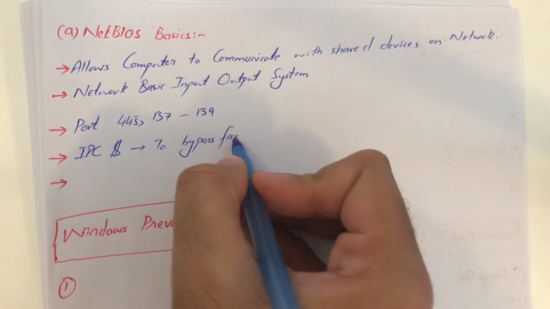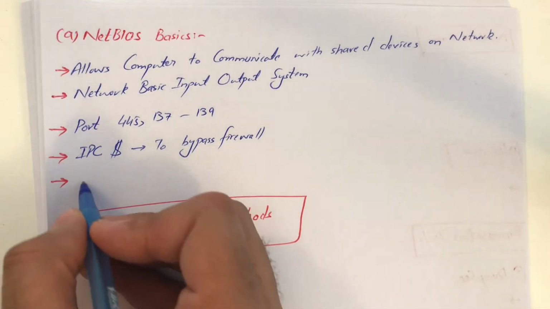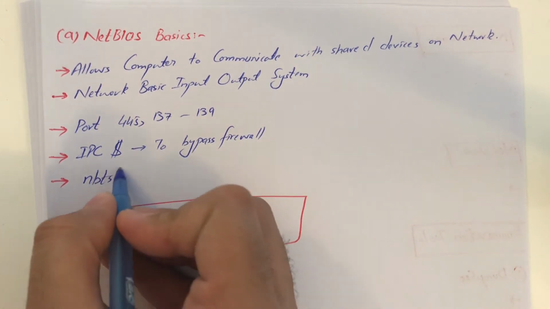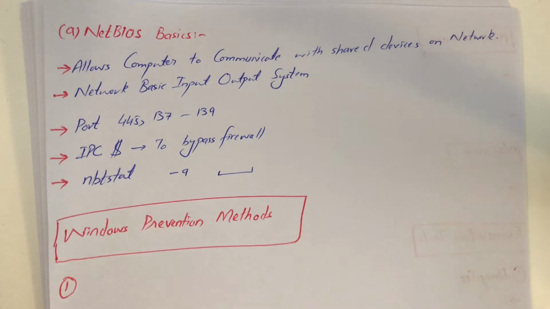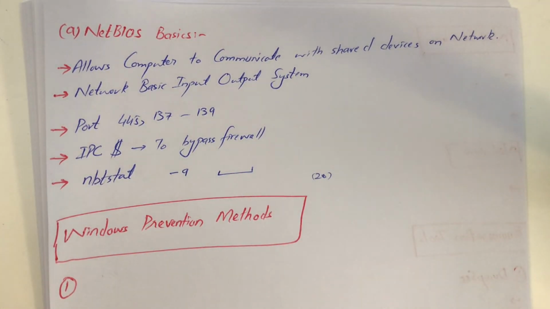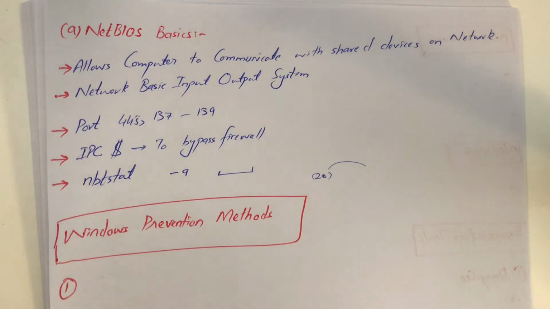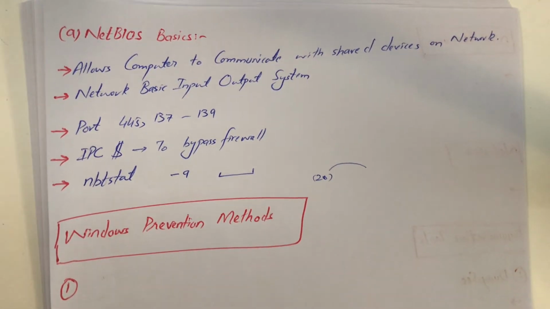The tool is nbtstat -a, and then you put the IP address. If the number 20 comes in, it means file sharing mode is on. Then you can see the devices and the files on the server and stuff like that.